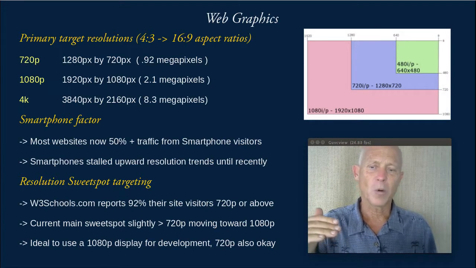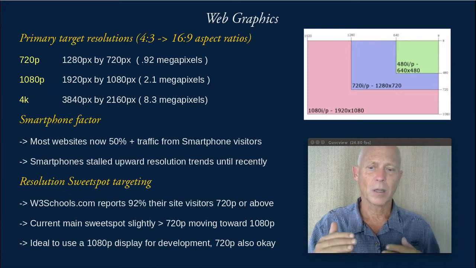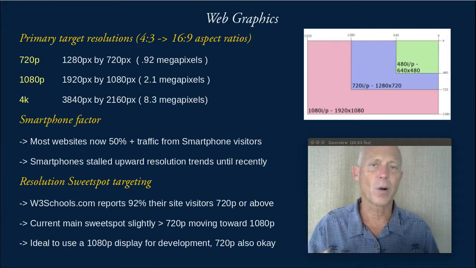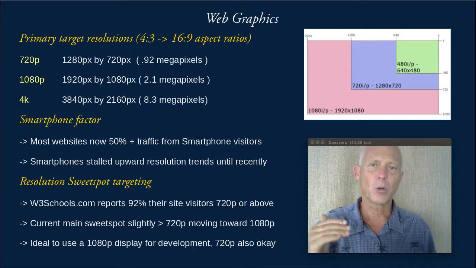Basically, we're in the 720p range as a sweet spot, and moving up to the 1080p range, we're between those two. The sweet spot to target for visitors in the United States and in general is between the 720p display size and the 1080p.